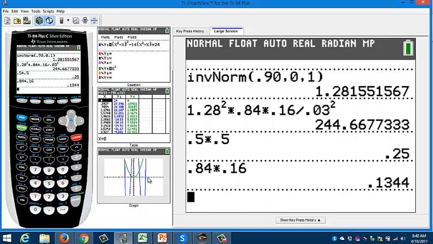Oops. There it goes. 1.28 squared times, I could just type in 0.25 because I know that's what 0.5 times 0.5 is, divided by 0.03, hit the squared key again, and I'm in good shape.